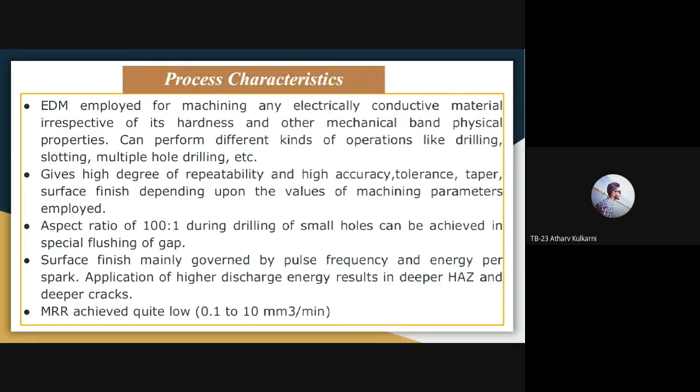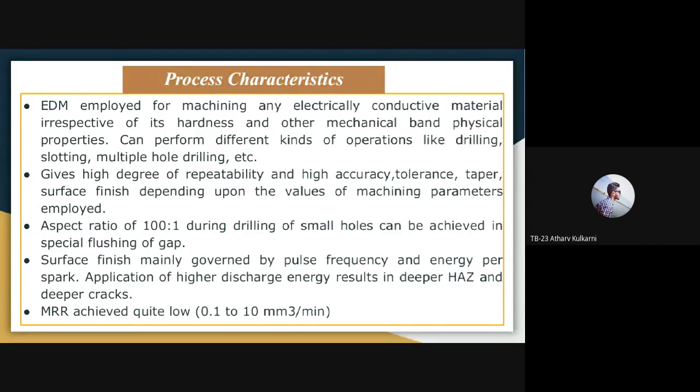We can employ this EDM process for machining of any electrically conductive material, irrespective of hardness, mechanical properties, and physical properties, and we can perform any kind of operation like drilling, slotting, multiple holes, etc. This process also gives a high degree of repeatability, high accuracy, tolerance, taper, and surface finish, but it depends on the values of machining parameters.